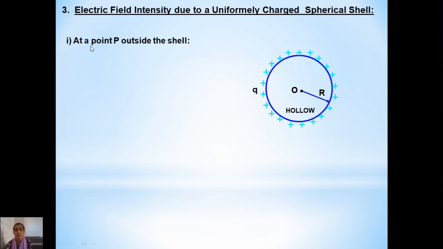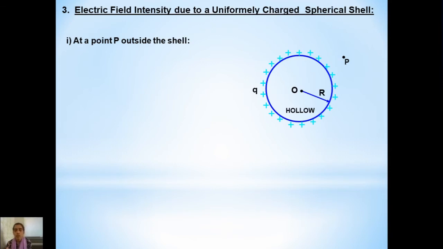Now, since we have to calculate the electric field intensity at a point P outside the shell, I'll imagine a point P just outside the shell. And you remember the 4 steps I had discussed earlier. To apply Gauss law in any practical situation, we have to follow the simple 4 steps. The first step is to consider a Gaussian surface.